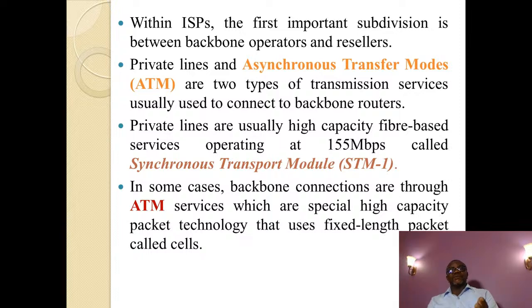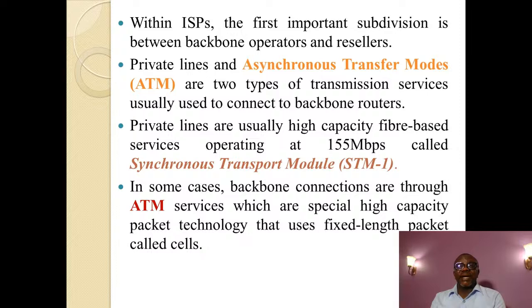So within ISPs, that is internet service providers, the first important subdivision is between the backbone operators and the resellers. Private lines and asynchronous transfer modes, known as ATM, are the two types of transmission services usually used to connect to backbone routers.